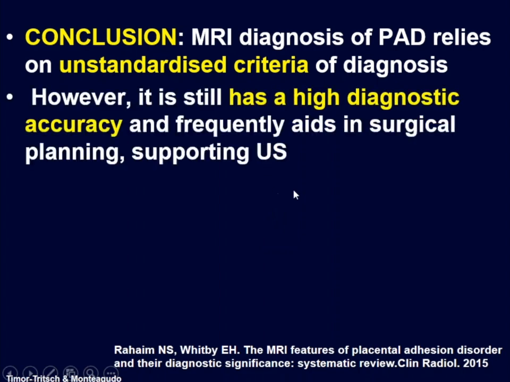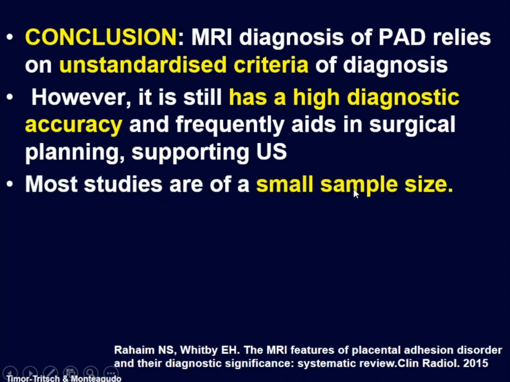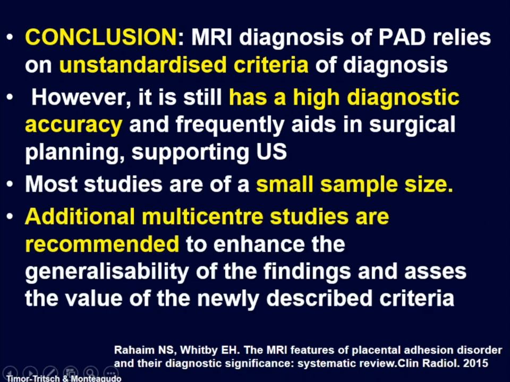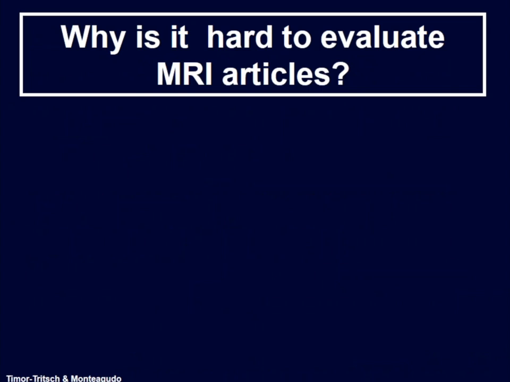However, it still has a high diagnostic accuracy and frequently aids in surgical planning, supporting the ultrasound. Most studies have small sample sizes, and they say that additional multi-center studies are recommended to enhance the findings and apply them to this pathology.